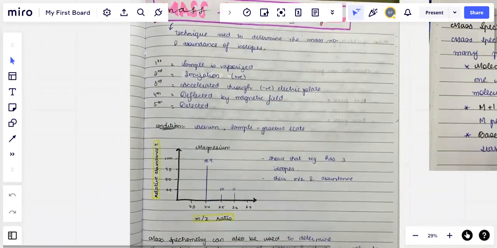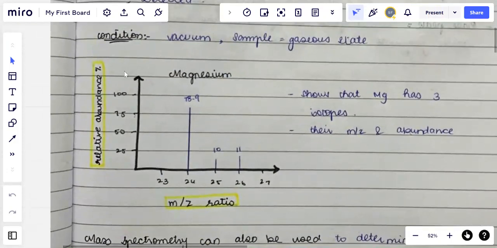Fine. Now, moving on, here is the mass spectrum that you'll get finally. So this is for an element, magnesium, and you can see on the x-axis we have m by z ratio, which is mass to charge ratio, and on your y-axis you have relative abundance, which is in percentage. And mass to charge ratio, since it's a ratio, won't have any units. So you can see that Mg24 is 78.9% abundant, Mg25 is 10% abundant, and Mg26 is 11% abundant.